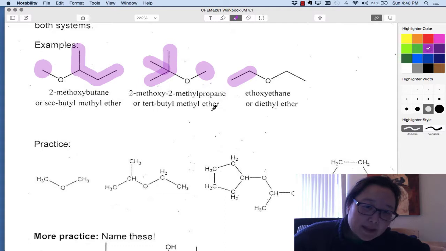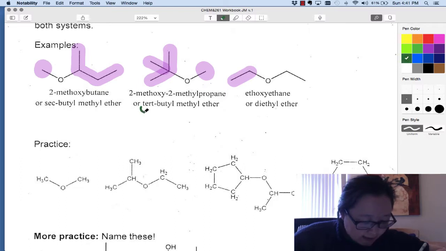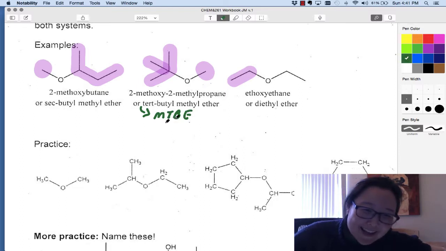Tert-butyl methyl ether. And by the way, I always tell my students, this is the gasoline additive called MTBE, methyl tertiary butyl ether. I guess they didn't know about alphabetizing by butyl, not tert. But in any case, they used to add this to gasoline, but now it's mostly banned because it's soluble in water.